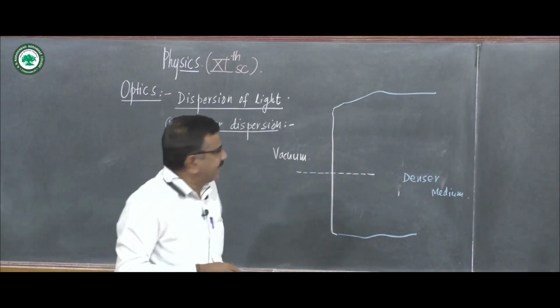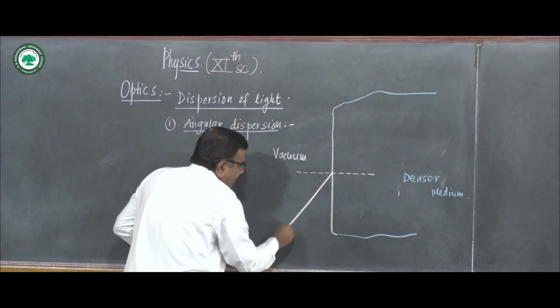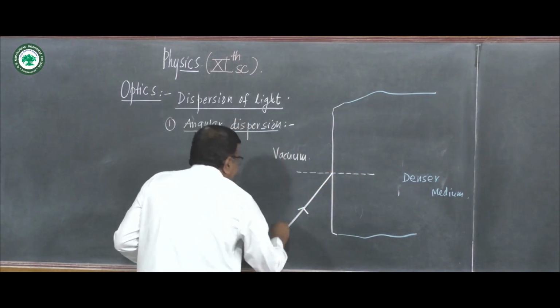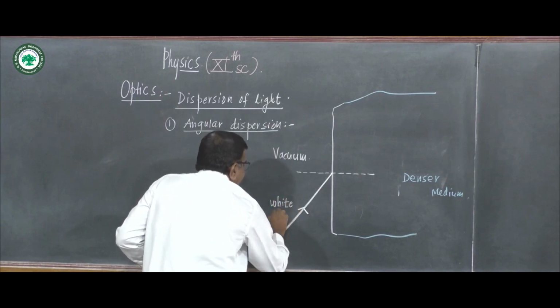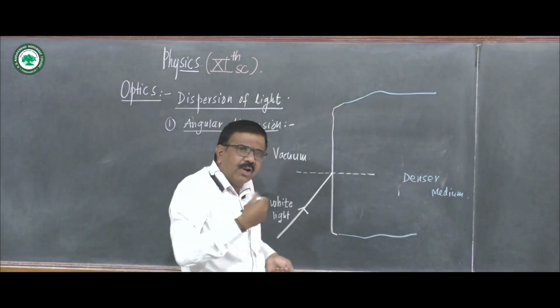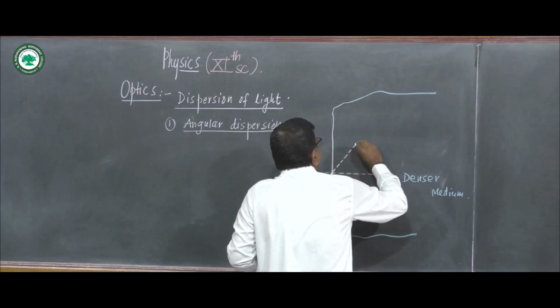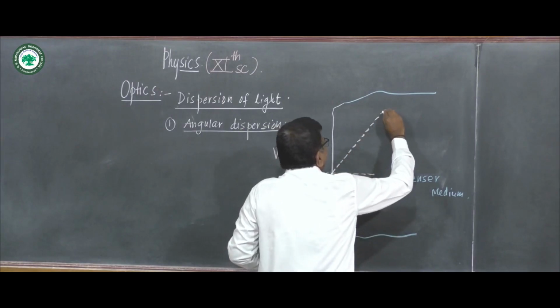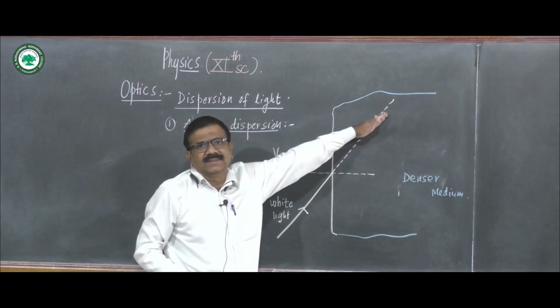If white light, that is polychromatic light, is incident obliquely here, this is the white light. If this denser medium or transparent material were not there, this light would travel along this straight line. So this is the direction of incident light.